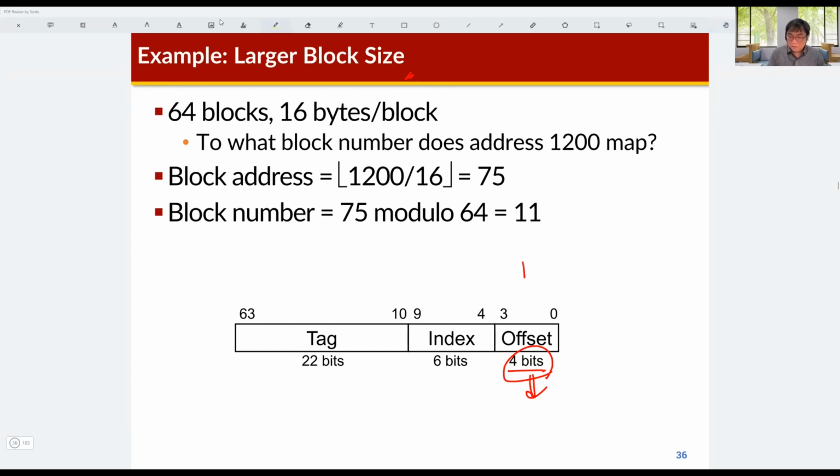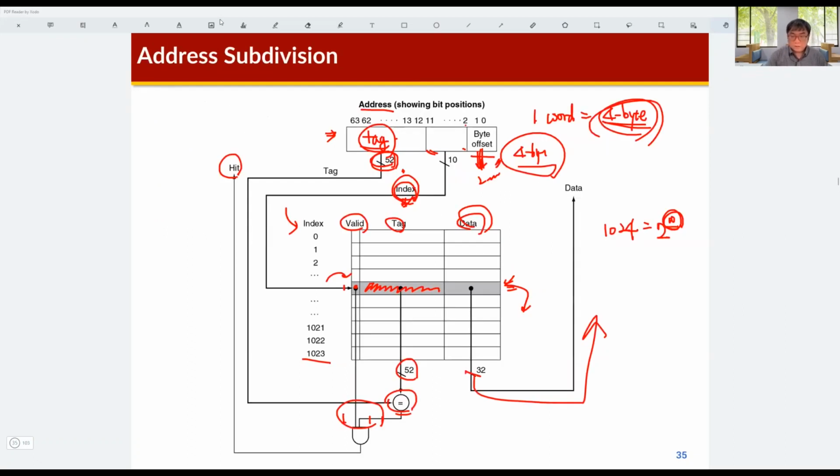It's 16 byte. Okay, this is large. It's larger than the previous example. And then if the cache size is the same, then it's different.